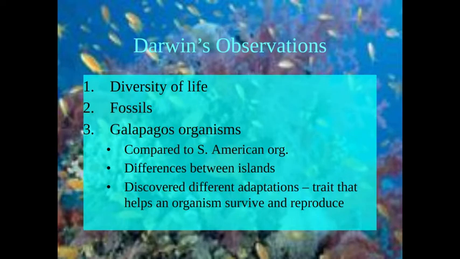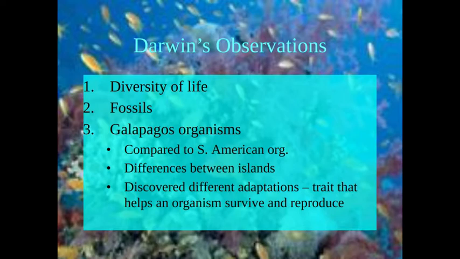The huge thing that really helped him come up with this theory was the Galapagos Islands, which are off the west coast of South America. He noticed that some of the animals there were similar to those in South America, so he compared them.